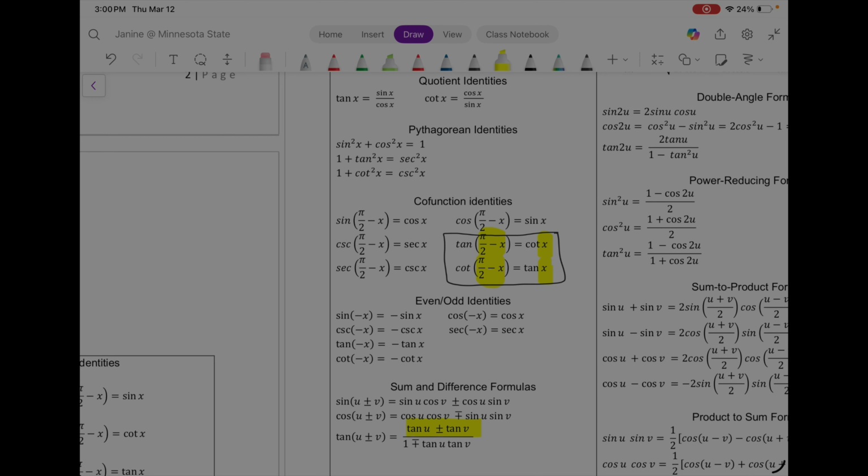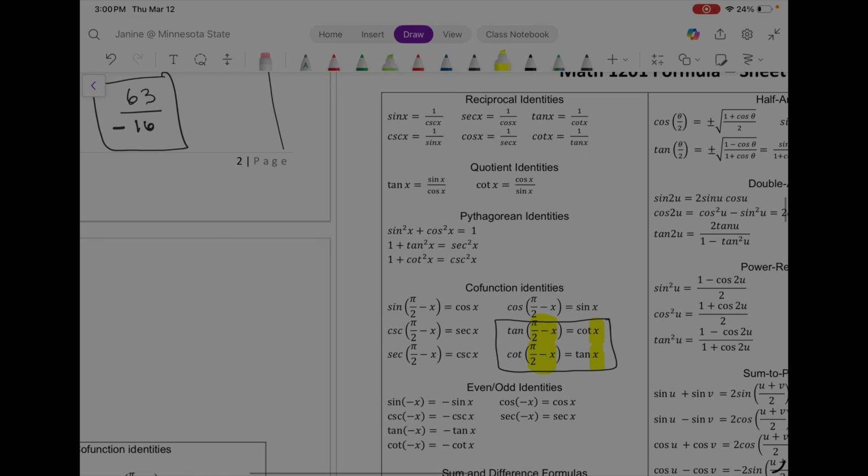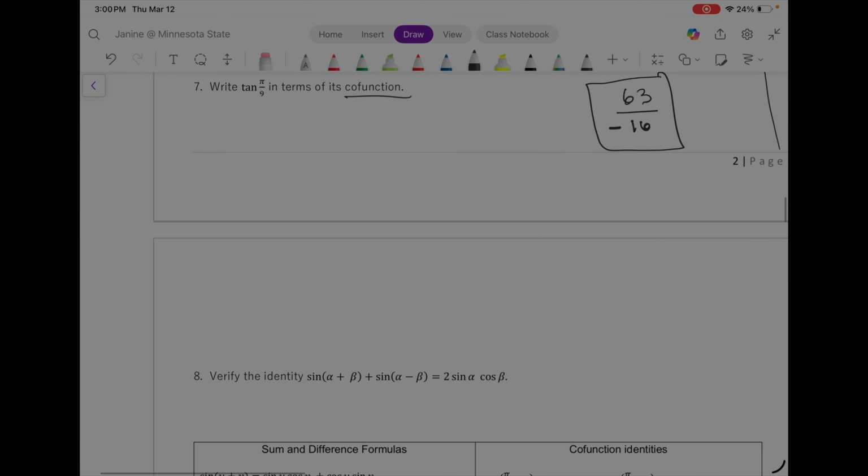So for this problem, it says tangent of pi over 9. So we're going to be looking here at the bottom one. If this is pi over 9, then we're going to write the cotangent, but the angle is going to be pi over 2 minus pi over 9. So that'll be the complement angle.